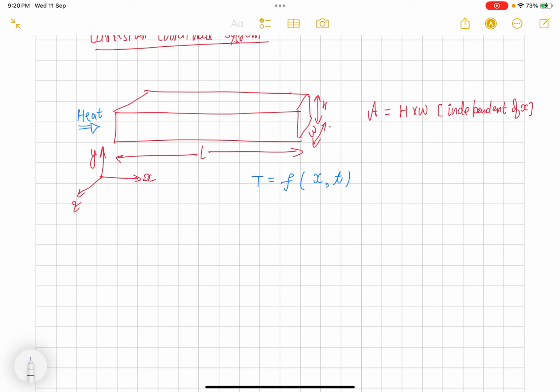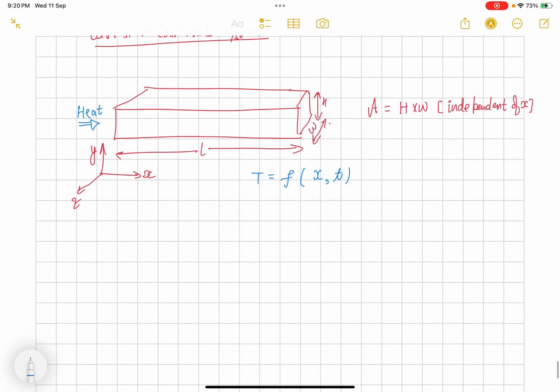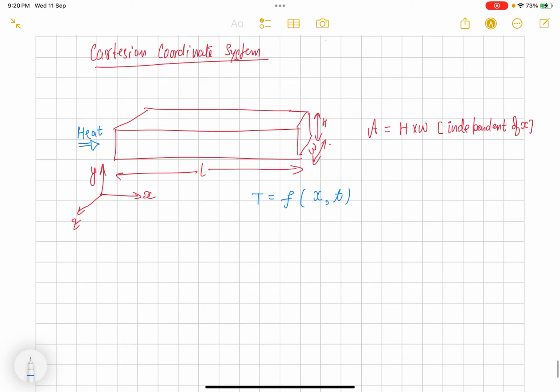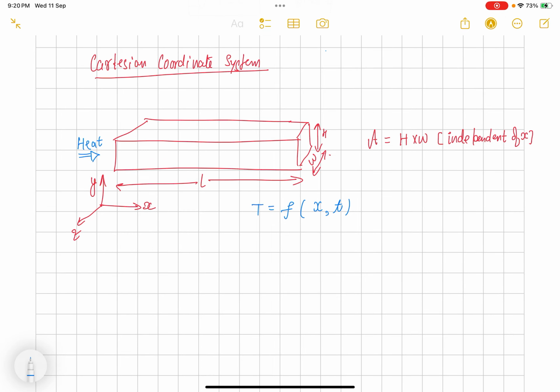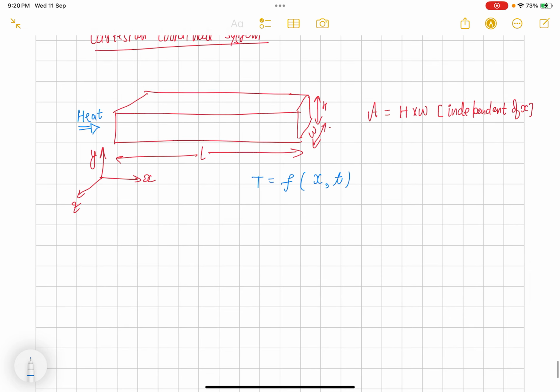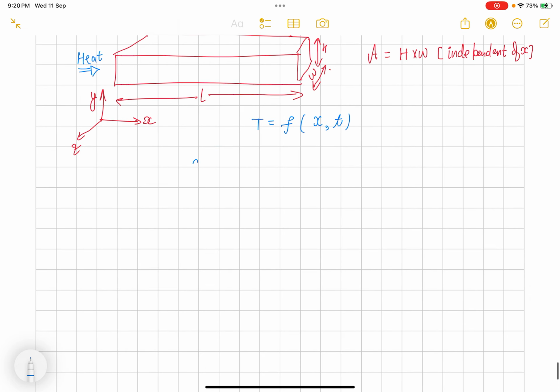So for this type of system, where there is a Cartesian coordinate and area is not a function of the heat flow direction, the heat conduction equation becomes like this: del square T by del x square plus Qg by K equals one by alpha del T by del t.